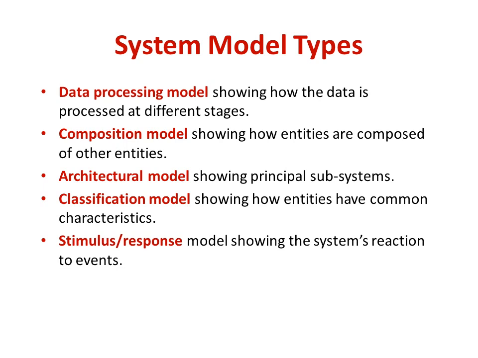The composition model shows how entities are composed of other entities, and we have the architecture model, which shows the main subsystems. The architectural model is used when the system is huge. The classification model shows how entities have common characteristics, and we have a stimulus response model showing the system's reaction to events, such as a state machine diagram.